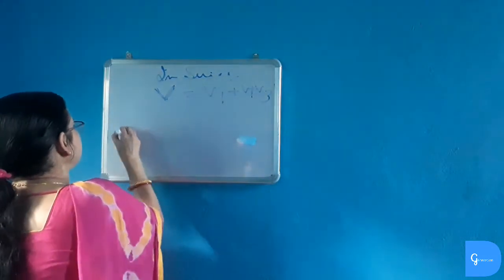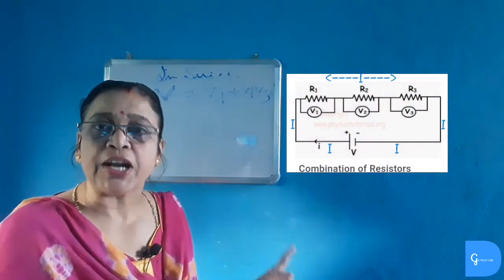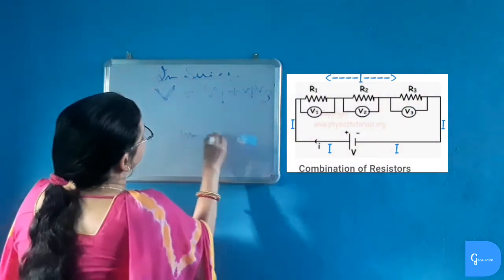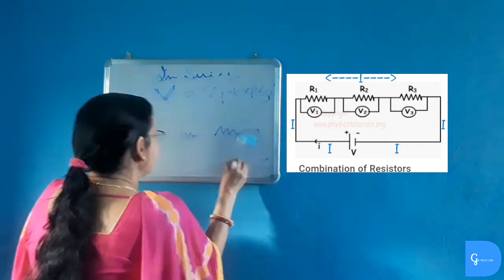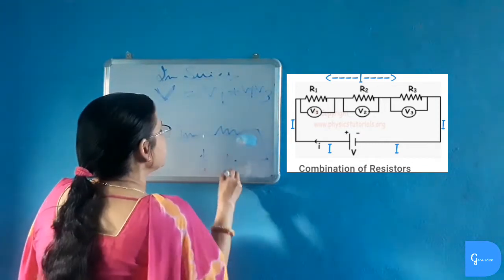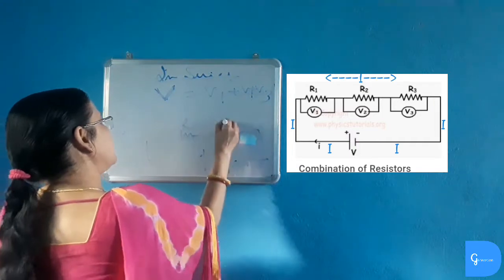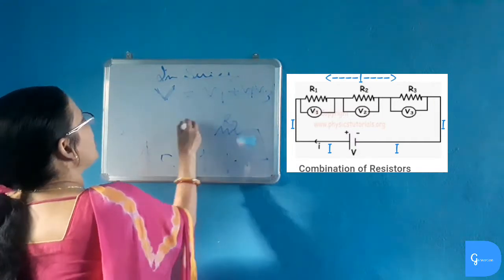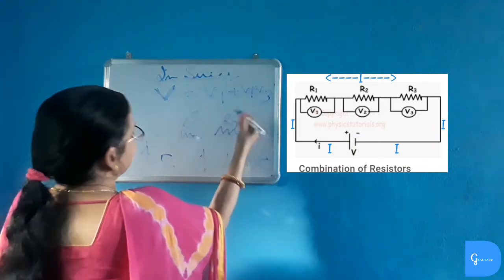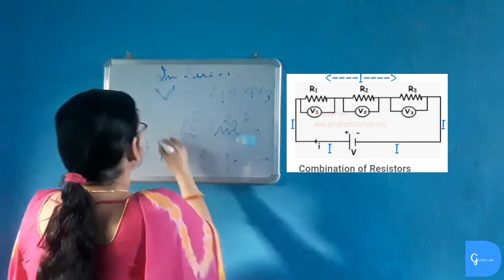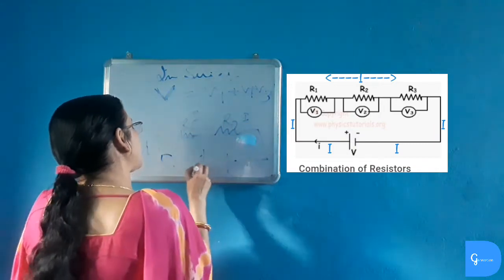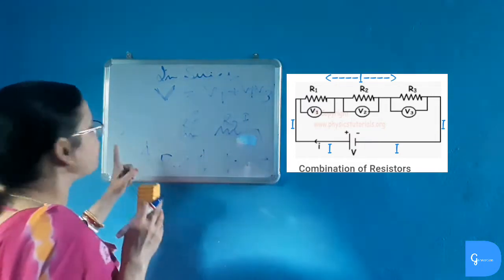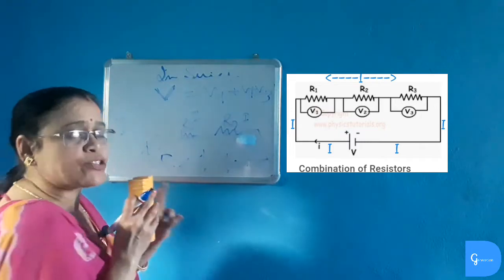Again, the current. In series connection what happens? The current flowing through the circuit remains the same. The current flowing through each resistance and across the battery is the same. That is, the current flowing through R1 is I, the current flowing through R2 is also I, and the current flowing through the whole circuit is also I. So the current flowing in the circuit in series connection does not change.